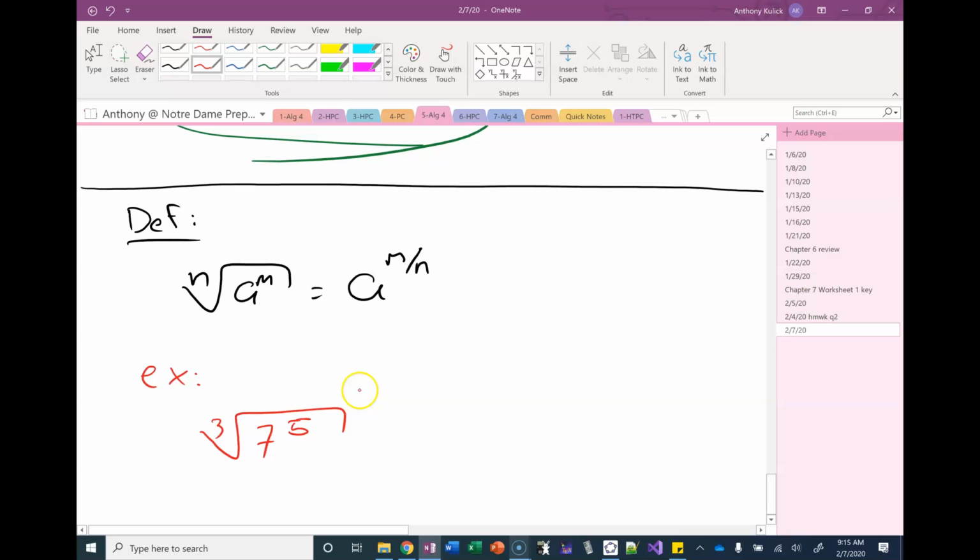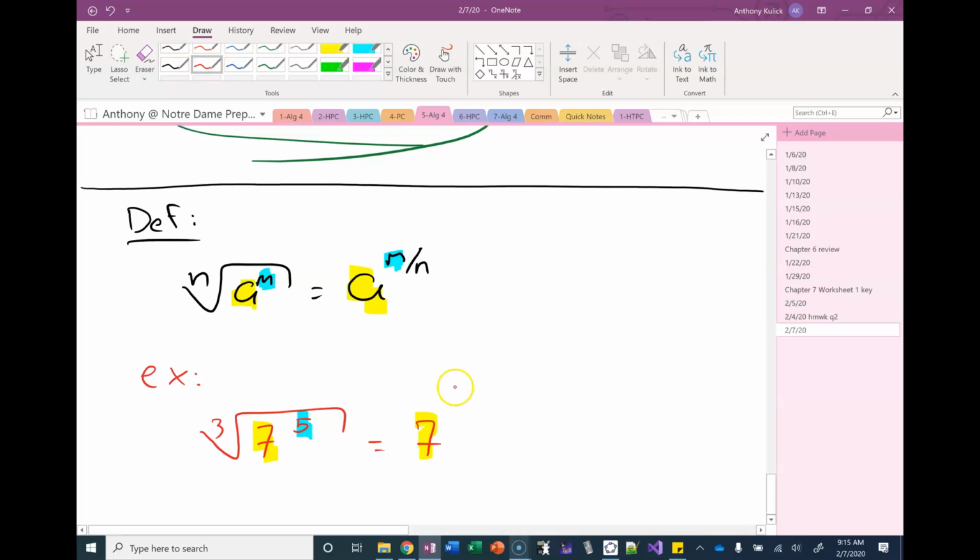So if I have the cube root of 7 to the 5th, how could I rewrite that? So the a in my case is 7. So I'm going to have a 7 over here. The m in my case is a 5.